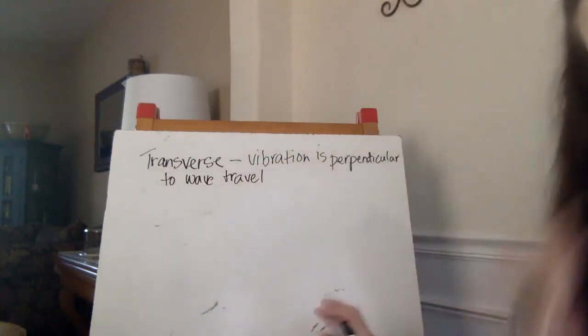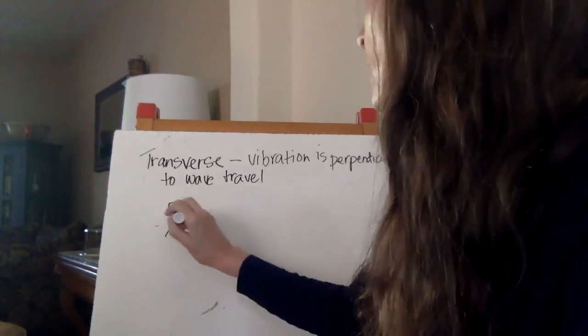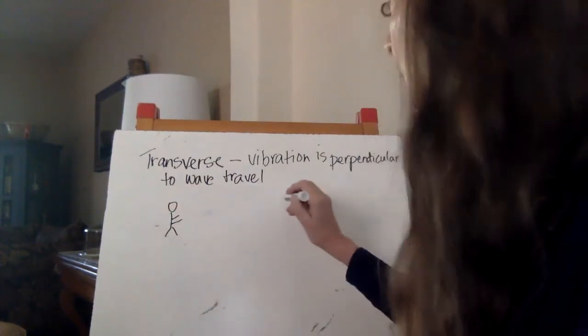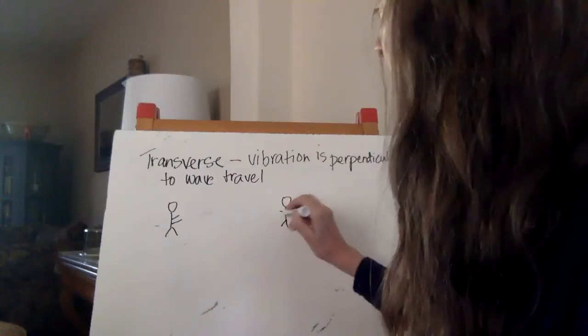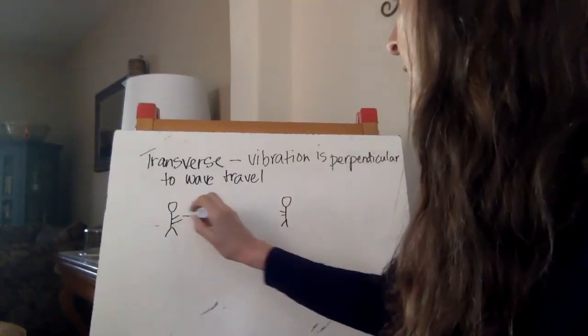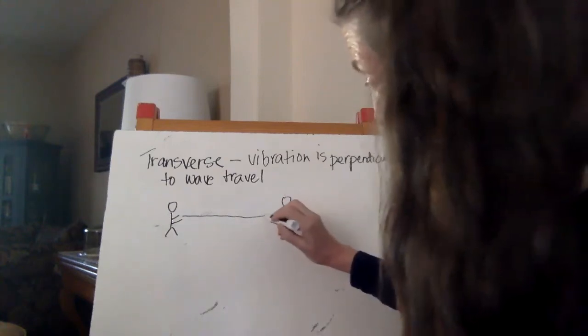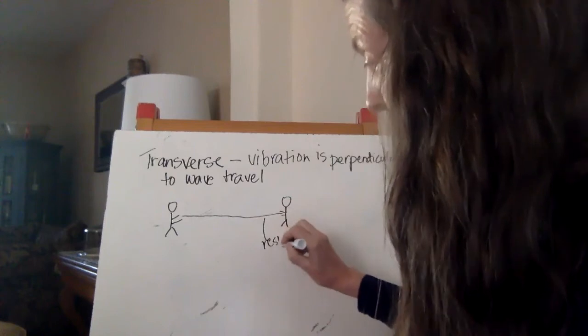Okay, so let's say Emily is standing here and Kobe is standing here, okay? And they have a slinky and there's rest, okay? So that is rest or equilibrium.